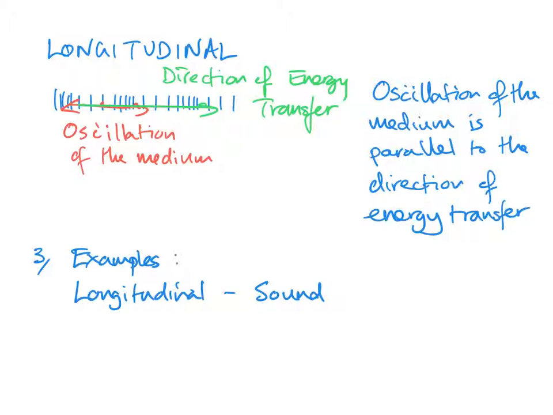The seismic waves are kind of that strange one that they can have a mixture of both transverse and longitudinal, so we'll avoid them as an example. And then pretty much every other wave that we'll meet is a transverse wave. So the main ones, water waves, light, they're probably the two most important ones. Later on we'll meet the whole electromagnetic spectrum, which are all linked to light as well.